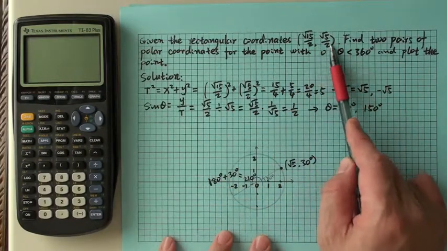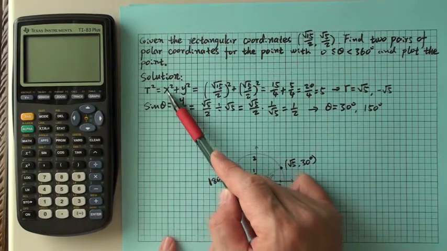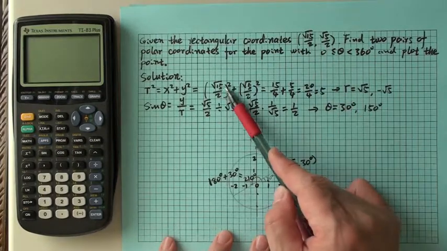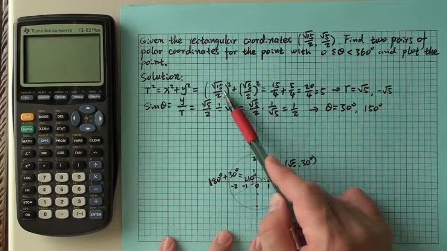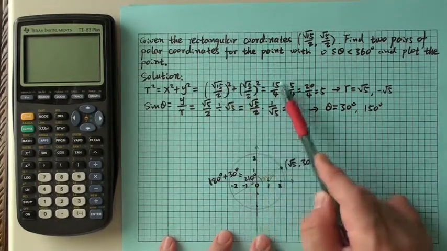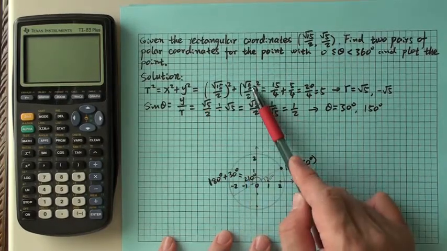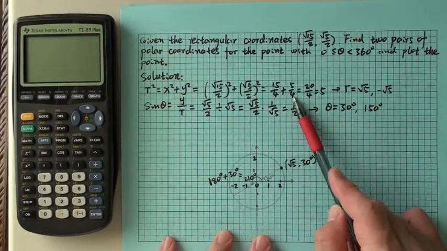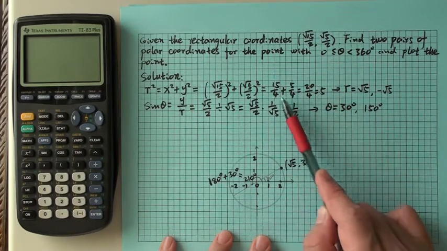Here is x, here is y. So we know r squared is x squared plus y squared: the first coordinate squared plus the second coordinate squared. The first one, radical 15 over 2 squared, is 15 over 4, plus y squared, radical 5 over 2 squared, is 5 over 4. 15 plus 5 is 20.